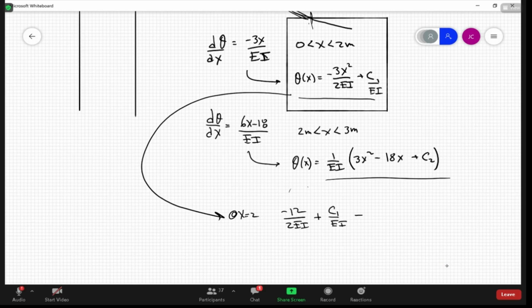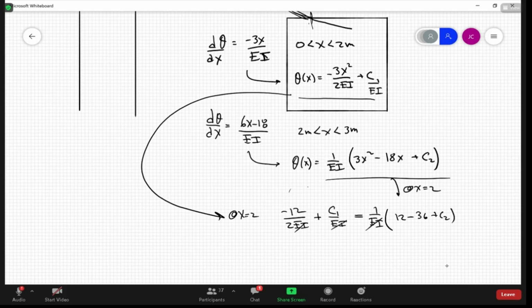And that has to equal this equation at x equal to 2. So that is 1 over EI. I take the EIs out of everything because they all just drop out. 3x squared, with x equal to 2, that's 4, so that's 12, minus 18 times 2, 36, plus C2, right? So the EIs all cancel out.